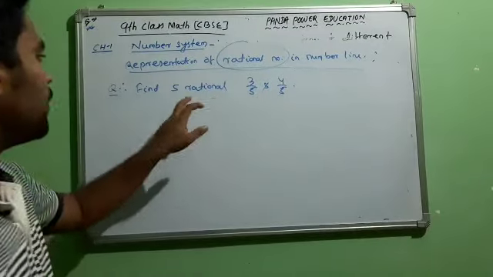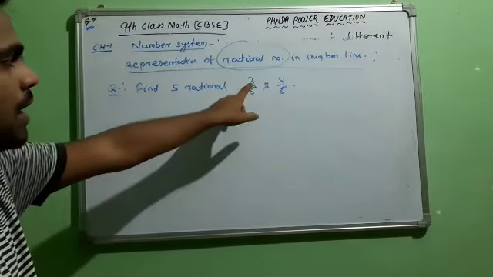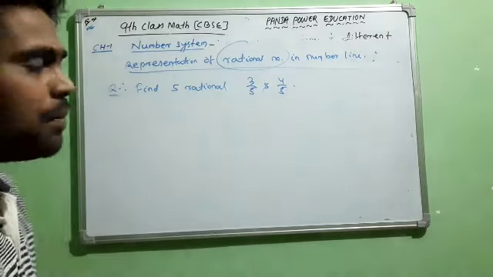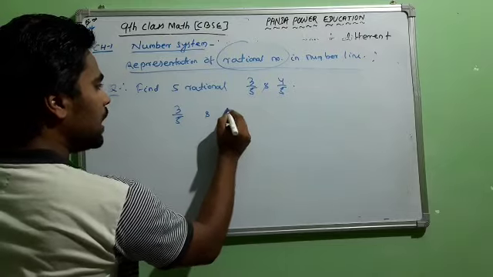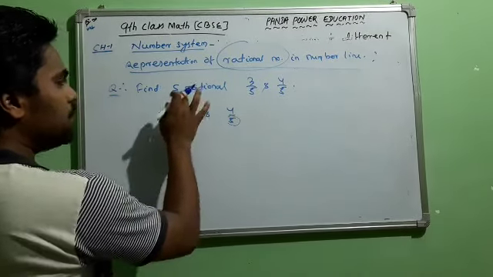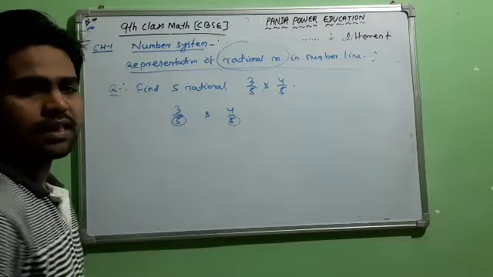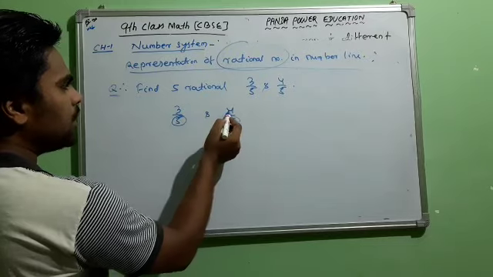This is one of the varieties. Just see here, it is given 3 by 5 and 4 by 5. That means the denominator is already the same, 5, so we don't require the 5 plus 1 like this. After 3 comes 4, so we cannot write numbers between them directly.